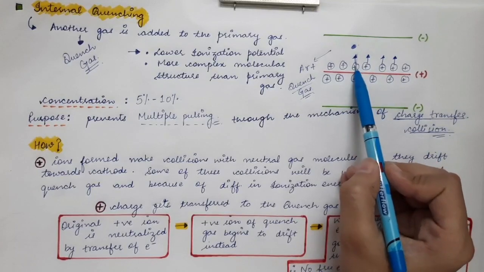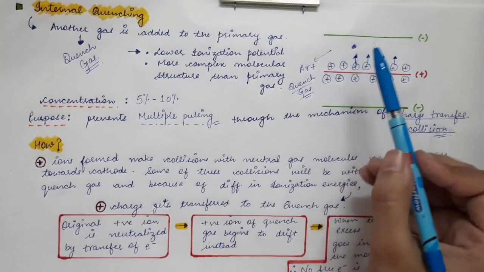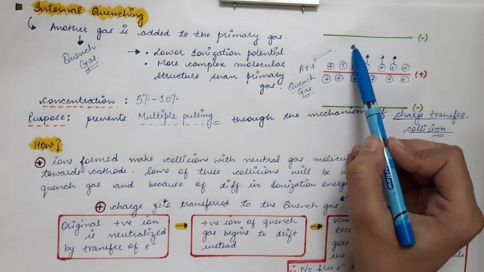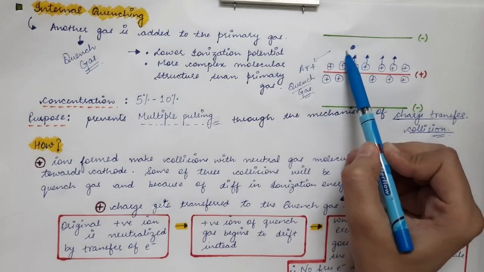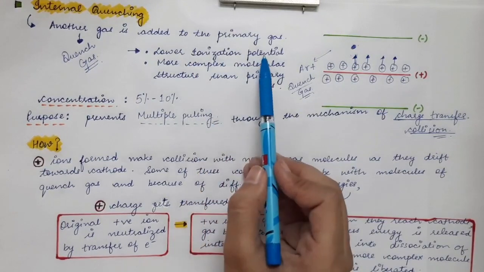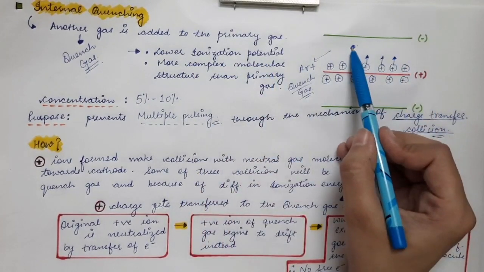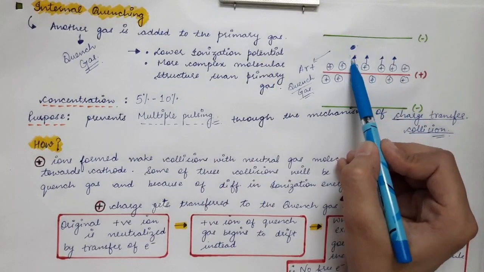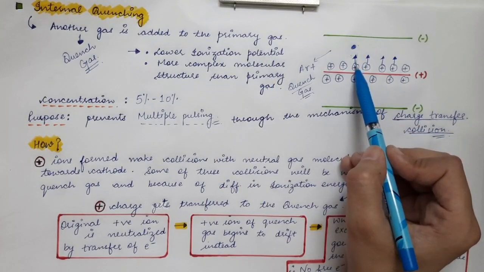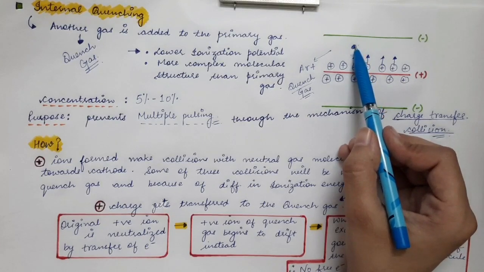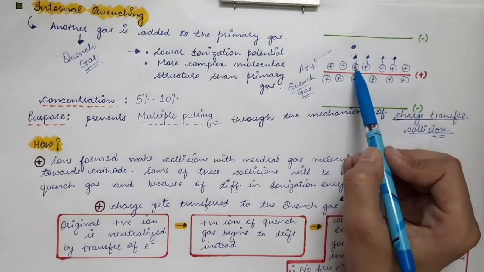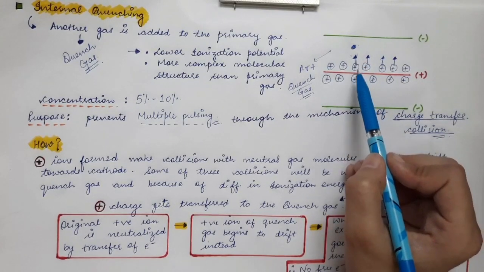So when the positive ions collide with the quench gas molecules, those molecules lose their electrons easily, the electron is transferred to the positive ion, and we have transferred the charge.